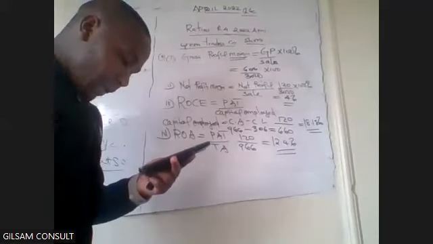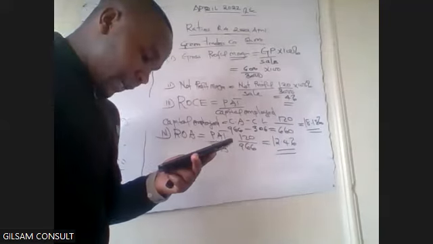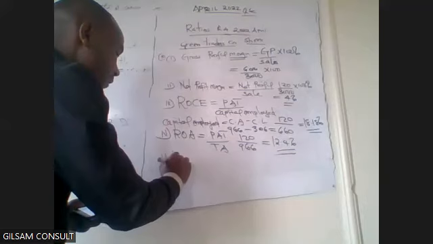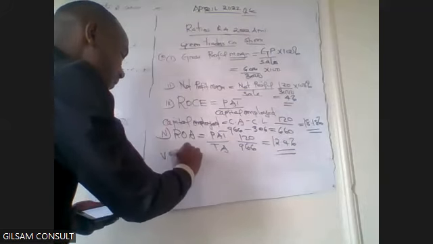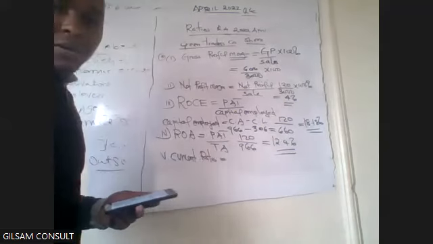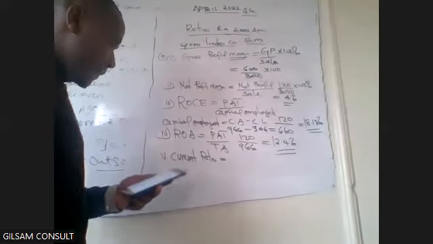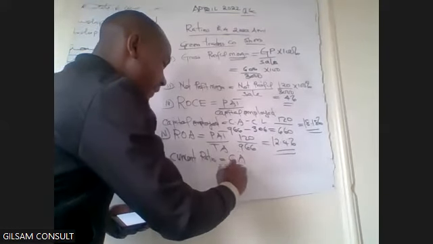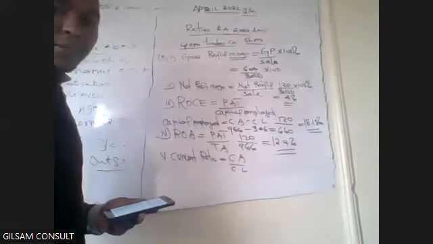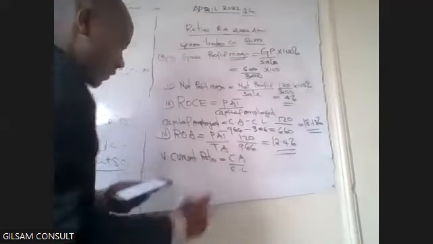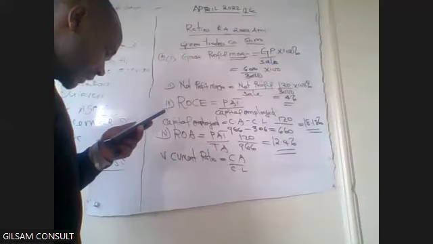Okay, so we go to Roman 5, current ratio. How do you get the current ratio? You take the current asset divided by current liability. How much is our current asset?